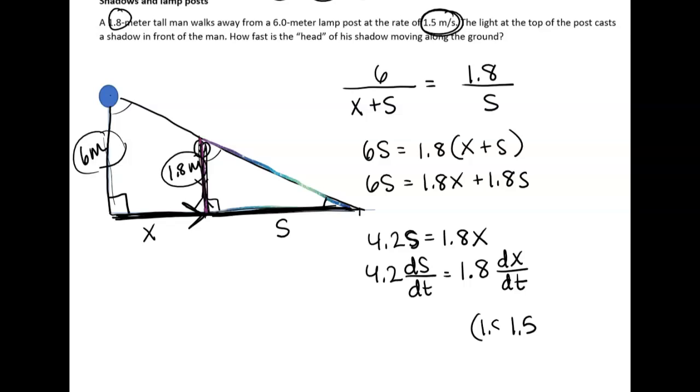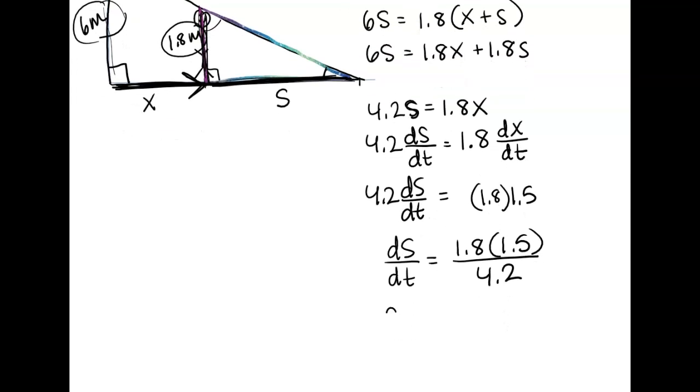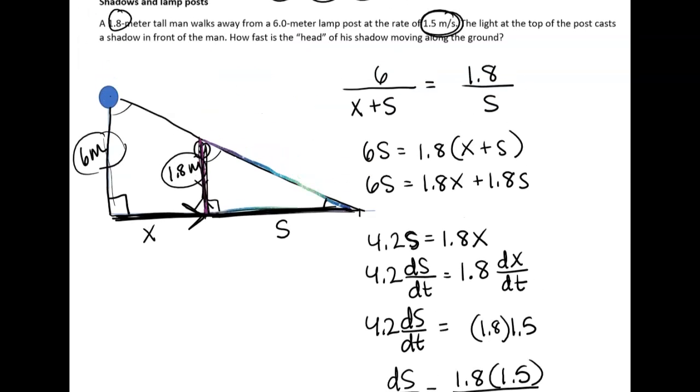And we have 1.8, and that will equal 4.2 times ds/dt. So solving for ds/dt, or the rate of change of the man's shadow, we get 1.8 times 1.5, all divided by 4.2. So ds/dt will be 0.6.